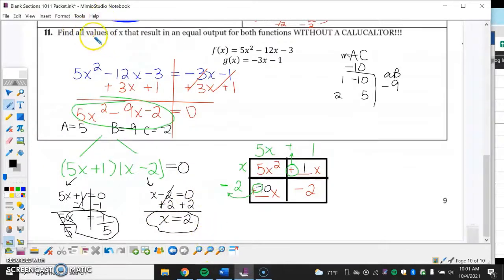It said, find all values of x that would give you an equal output for both functions. All right, usually we look at eliminating any negative options or anything like that, but I think if we plug in either of these numbers for x, it will give us an equal output. So that means both of them would be the answer if they both give you an equal output for both equations.